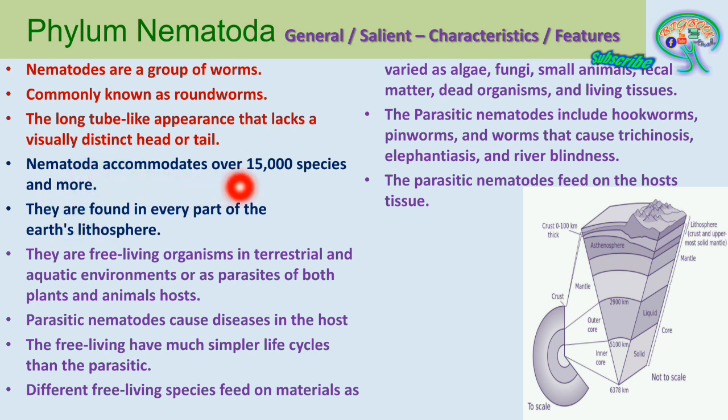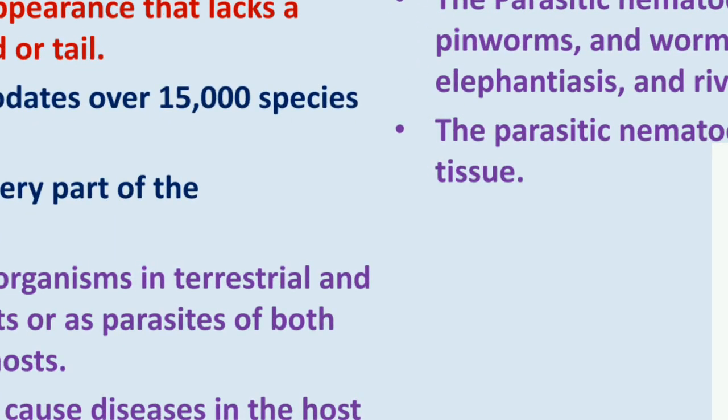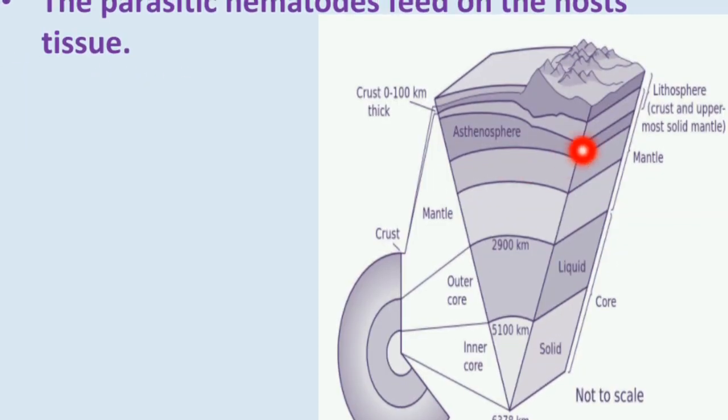Nematodes accommodate over 15,000 species and more. So there are 15,000 species within the nematode phylum. They are found in every part of the earth's lithosphere. Lithosphere is the crust and uppermost solid mantle, as shown in the bracket.